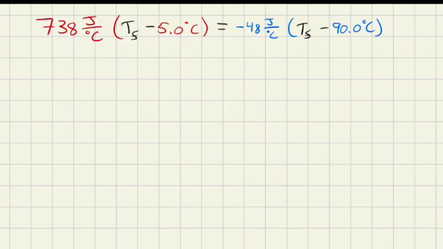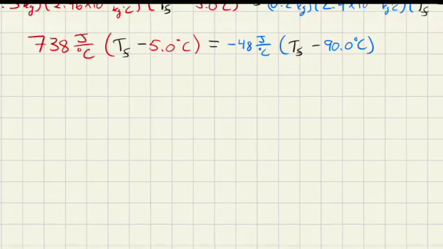So now that I have that, I'm going to multiply the 738 by TF and the 5 degrees Celsius, and you're going to see what we get. Sorry, that's the wrong thing. I'm going to restart that.